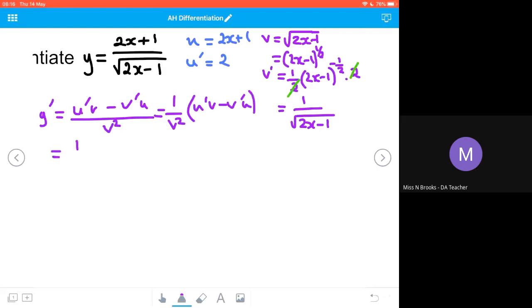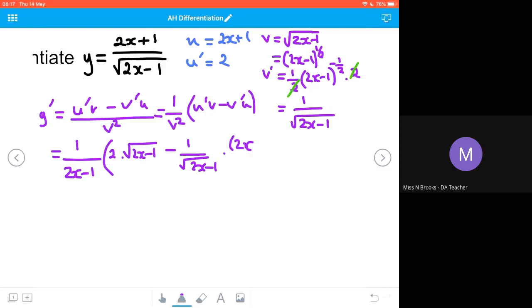So v squared is the square root of 2x minus 1 all squared, so that cancels out my square root, so I'm going to have 1 over 2x minus 1. And inside my bracket, I'm going to have u prime, which is 2, multiplied by v, which is the square root of 2x minus 1. And I'm going to take away v prime, which is 1 over the square root of 2x minus 1, multiplied by u, which is 2x plus 1.